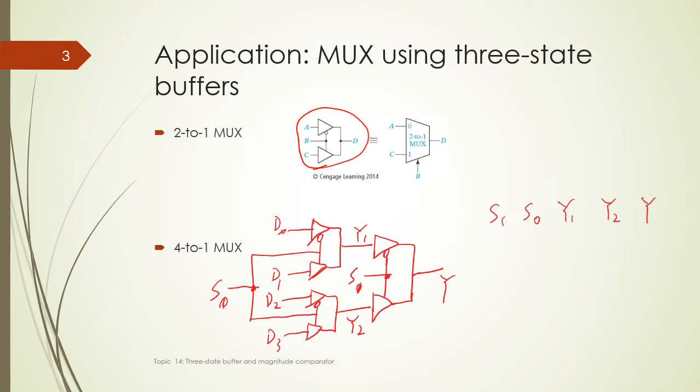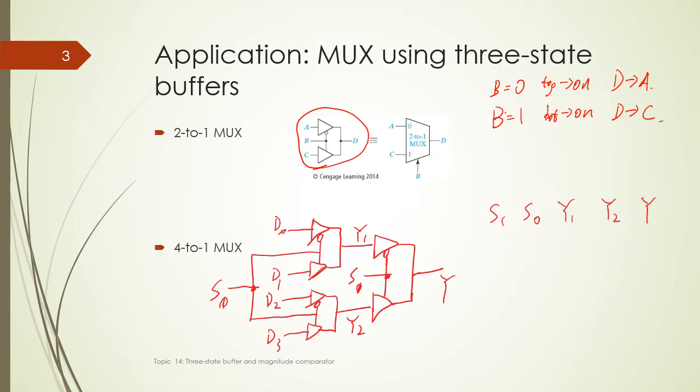In this case, if the control input B equals 0, the top buffer will be on, right? So D will follow A. If B equals 1, then the bottom buffer will be on, and D will follow C. That's the function of a 2-to-1 multiplexer.